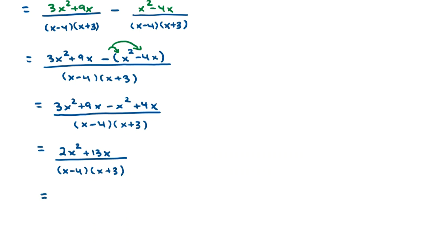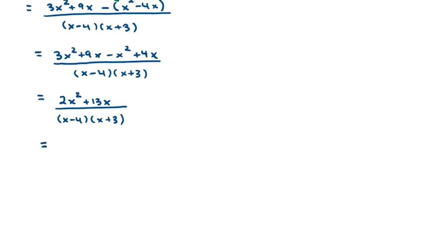There's actually one more thing that we can do, and that has to do with the numerator again. And what we're going to do is actually factor out a GCF. Notice 2x squared plus 13x has a GCF of x, so I'd like to factor that out, and we're left over with x times 2x plus 13 all over x minus 4 times x plus 3.